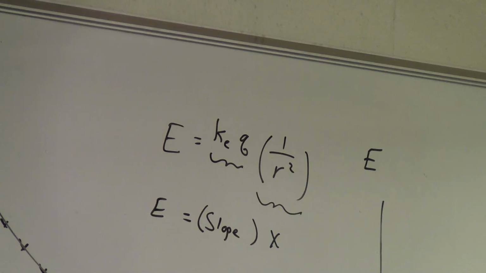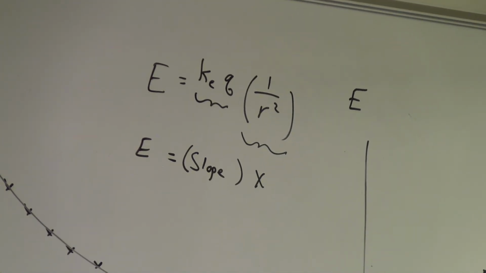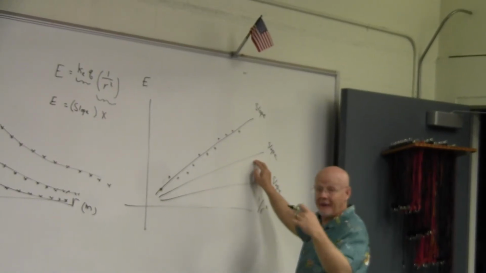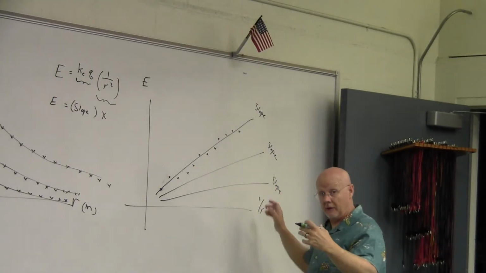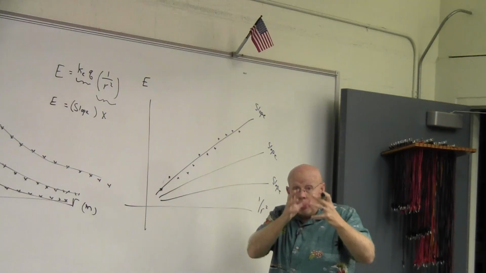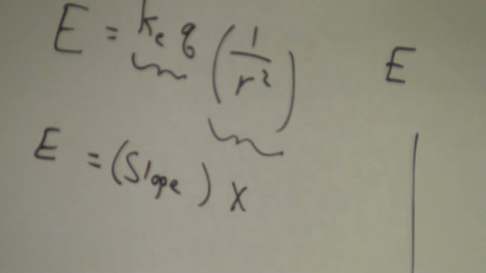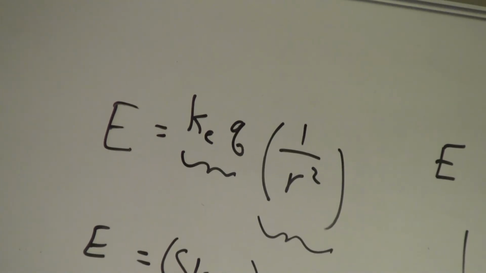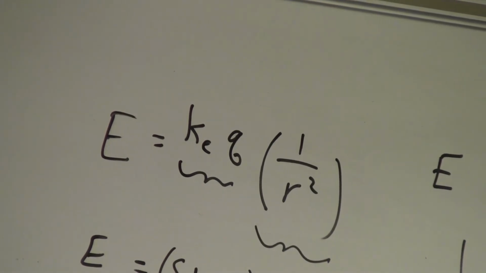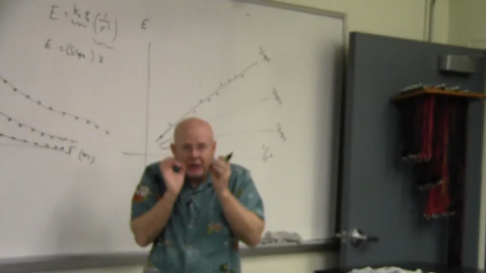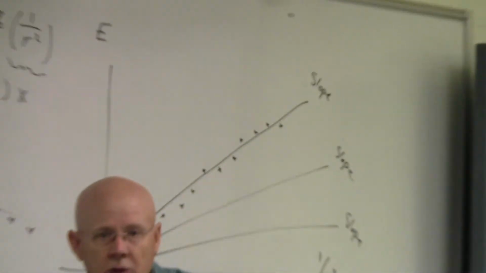And so if you see this big slope about 3 times the slope of the first one, and the second one here about 2 times the slope of the first one, you are then also proving that the electric field is proportional to the charge. And so we are hopefully collecting data, getting evidence, physical evidence. Empirical evidence is the fancy word we like to use in science.